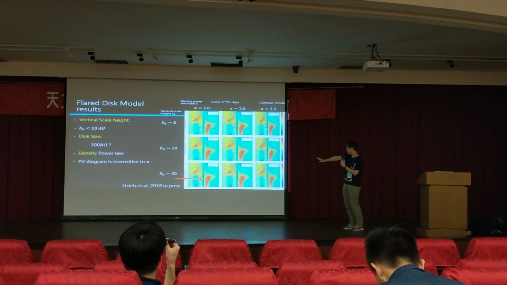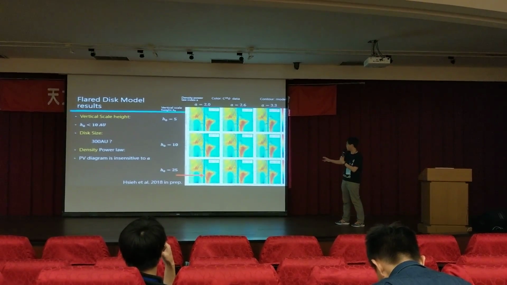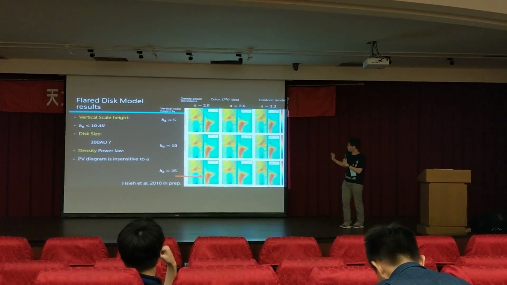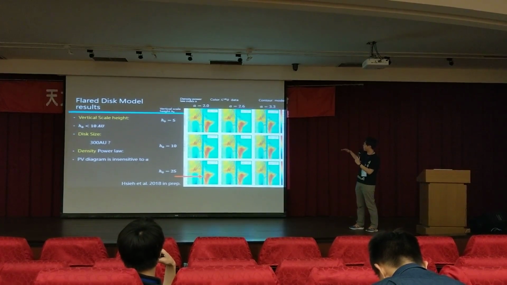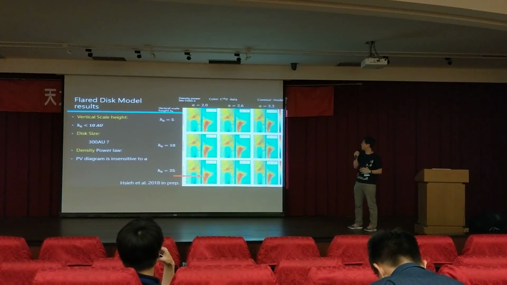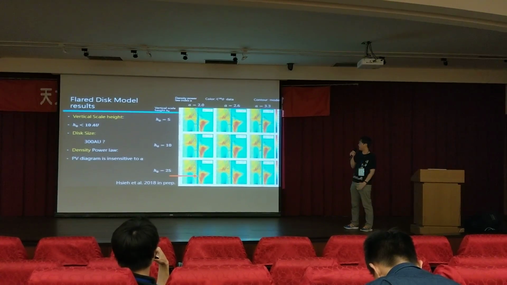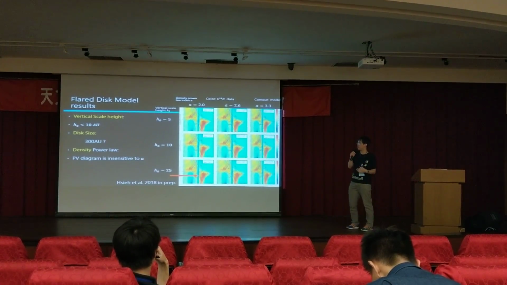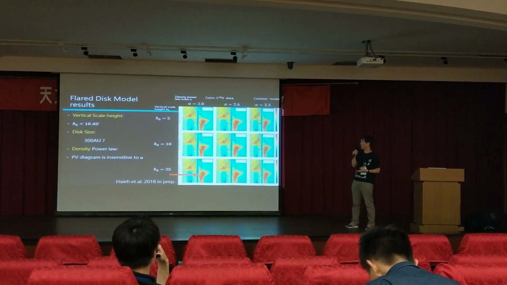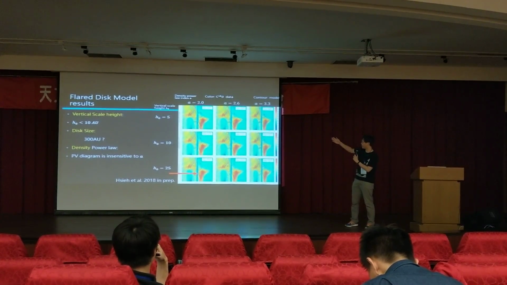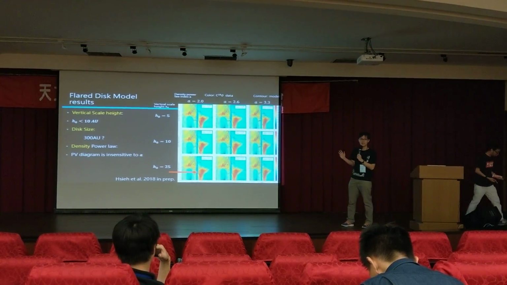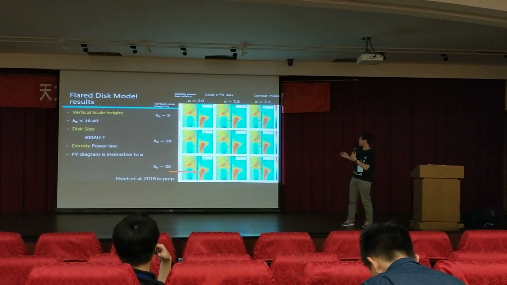There's an offset between the color, which is the data, and the black contour. For H equals 10 and 5, I cannot really tell the difference. So I fitted the vertical scale height to be less than 10 AU. As for the density power law A, I cannot really tell the difference, so the PV diagram is insensitive to the power law index A.